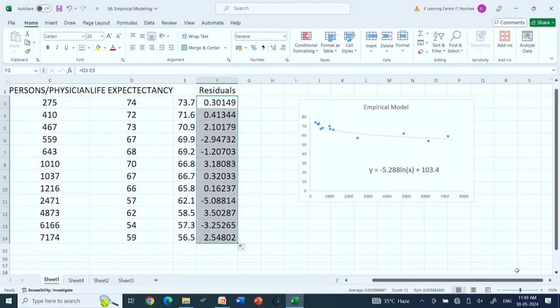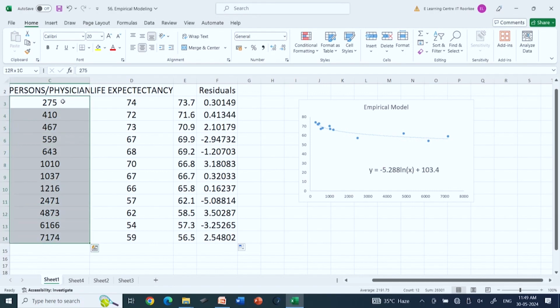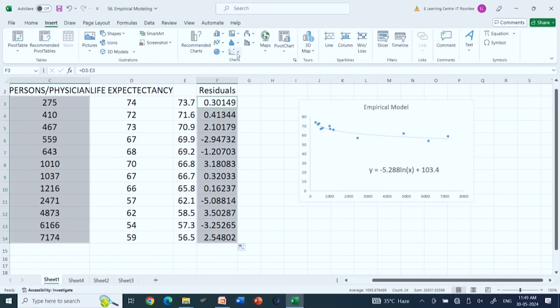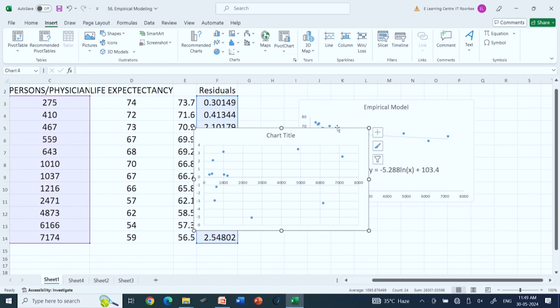Next, what we will do is plot the x values and the residuals. Then you go to insert, go to this chart and get the points.